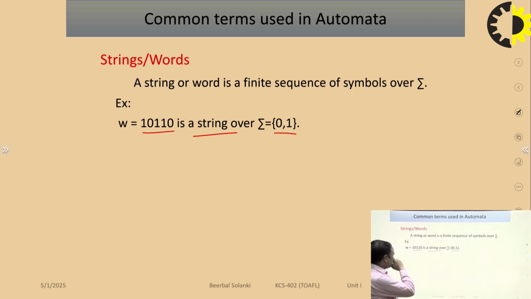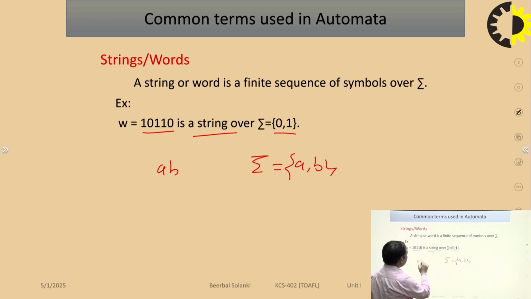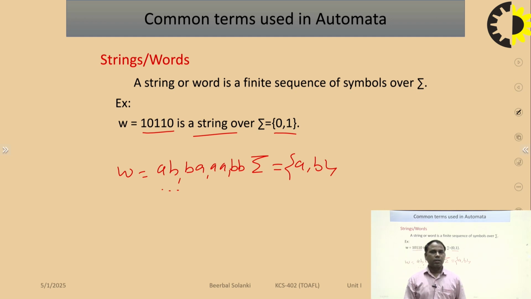If the input alphabet is sigma equal to {a, b}, then strings can be written like a, b, bc, ba, bb. These are strings defined over the alphabet {a, b}. This is a simple example of strings.